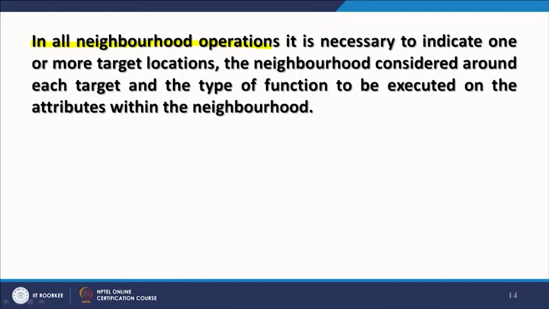Overall they are neighborhood operations, but more specifically we call them topographic functions. In all neighborhood operations, it is necessary to indicate one or more target locations. In roving or moving windows, the target location is always single, the center cell, and the neighborhood is considered around each target. How much it will consider depends on the size of the roving or moving window. As I have mentioned, it has to be an odd number in terms of rows and columns.